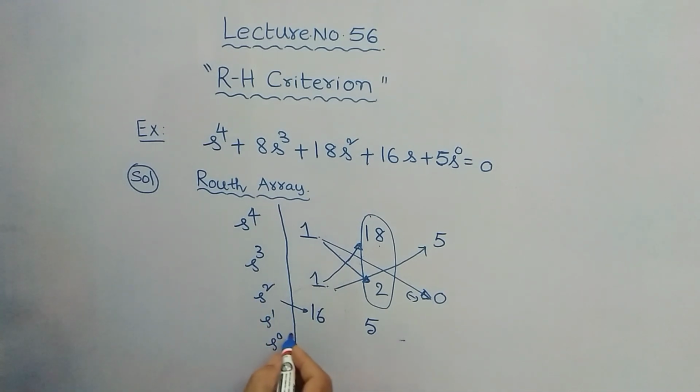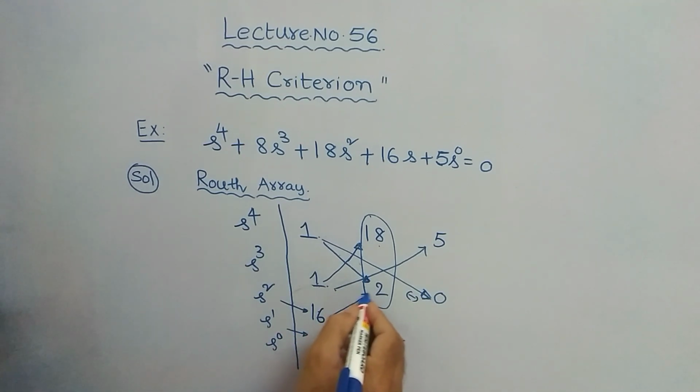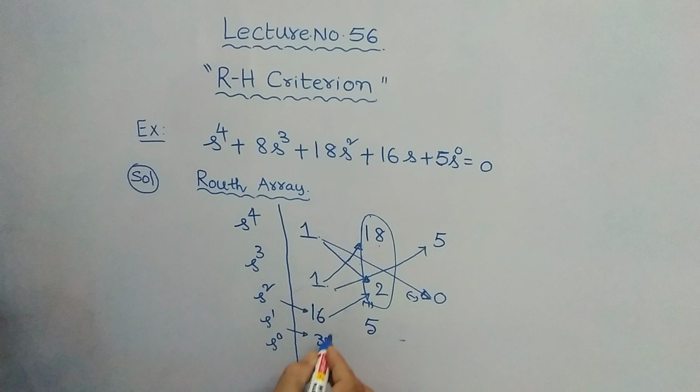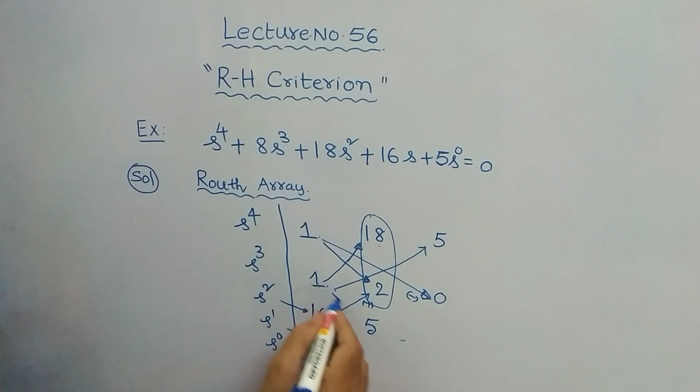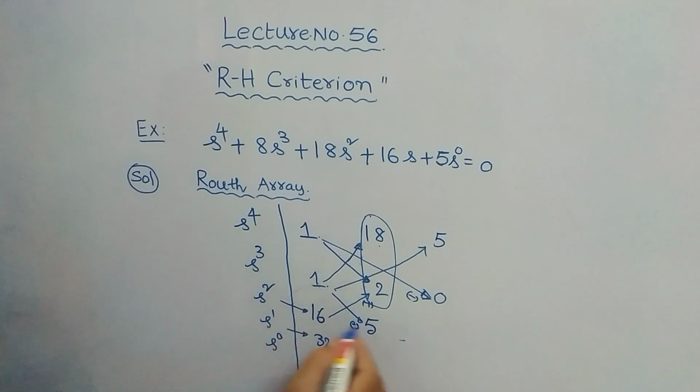Now coming to s power 1, what is the value here? How? 16 into 2, this is plus you have to write. 16 into 2, that is 32. I will write directly, that is 32. 16 into 2, take plus, minus 1 into 5, take as minus, that is 5 only, by 16.